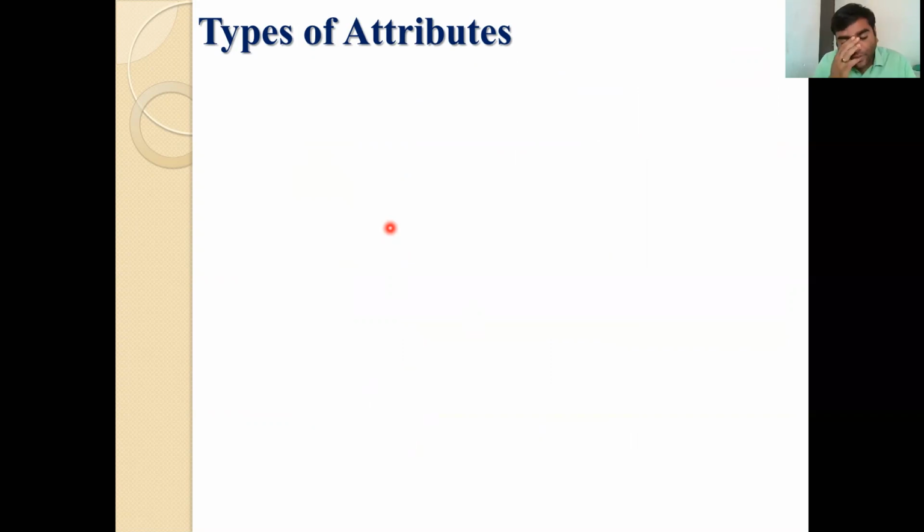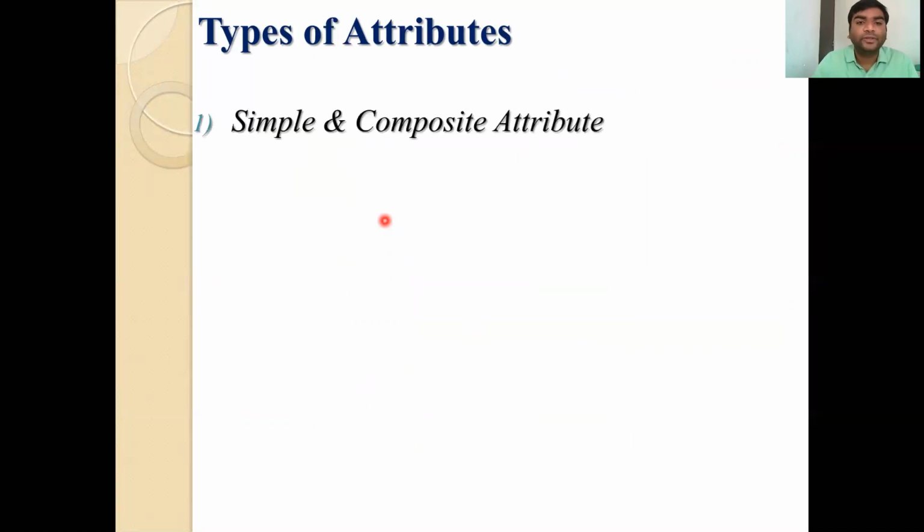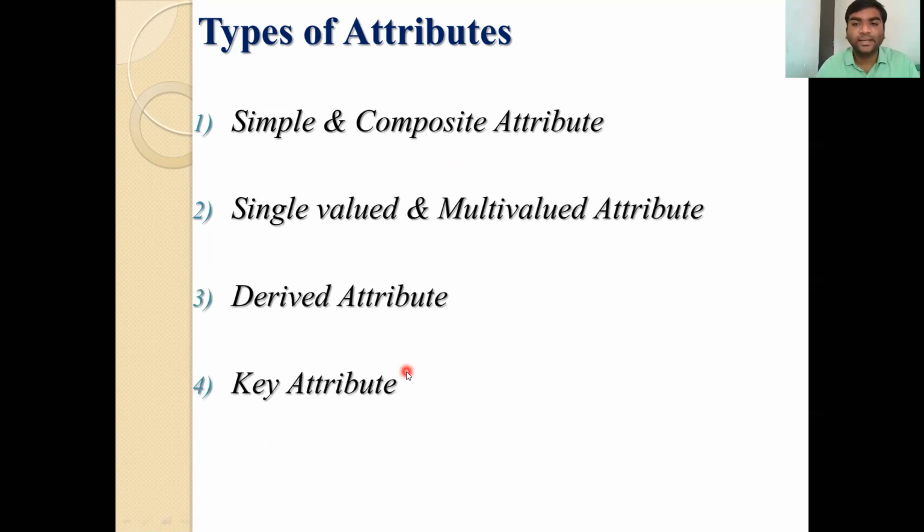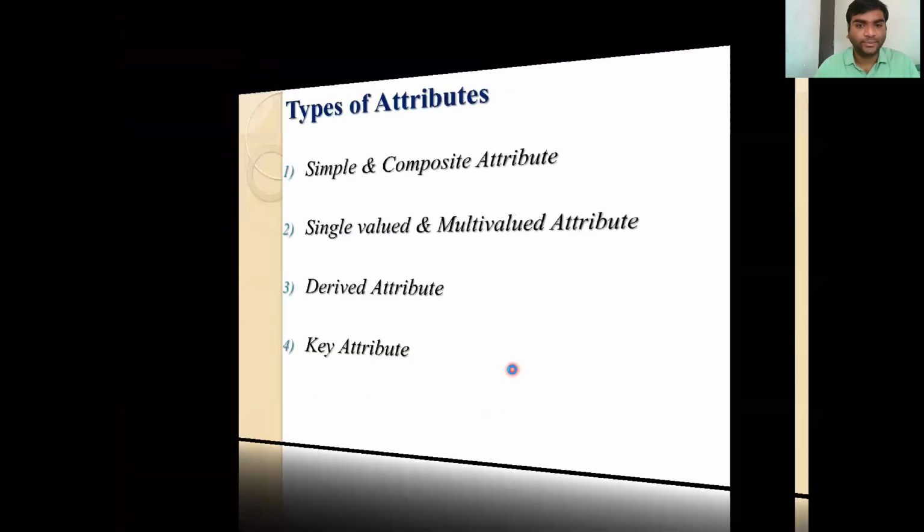We have also taken one example of a student entity. Now there are four types of attribute. First type is simple and composite attribute. Second is single-valued and multi-valued attribute. Third one is derived attribute, and last one is key attribute. So we see the first type of attribute, that is simple and composite attribute.